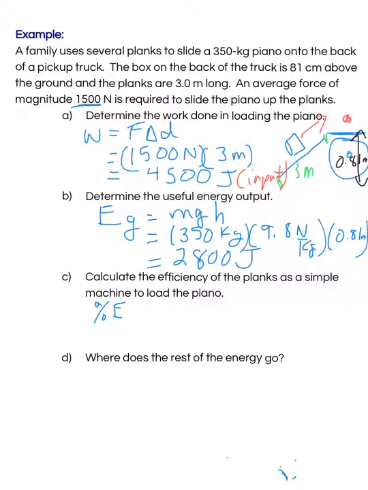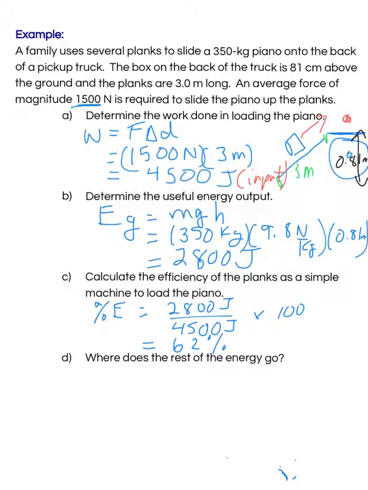And so if I look at that and I input my values, I'm going to say, well, that was my 2,800 of useful energy divided by my 4,500 joules of energy that I input. Typing that, I'm going to keep my unrounded value for output energy, divide that by the 4,500 joules, and that gives me about 62%. It's not too bad, really, 62%.